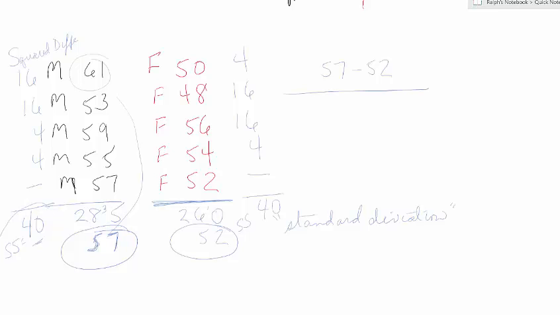So we're going to divide this distance up top in the numerator, 57 minus 52, by this formula here. And this formula is going to be the sum of squares in group 1 plus the sum of squares in group 2, but we're going to divide this by the degrees of freedom in group 1 and the degrees of freedom in group 2.